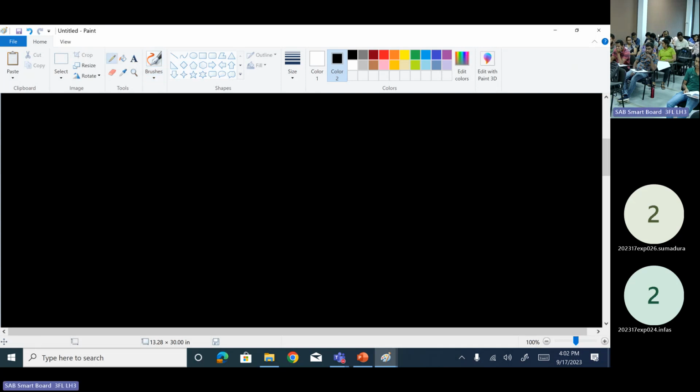Now we go for today's one. What is our model? Y equals beta naught plus beta 1 x1 plus beta 2 x2 plus the error term.